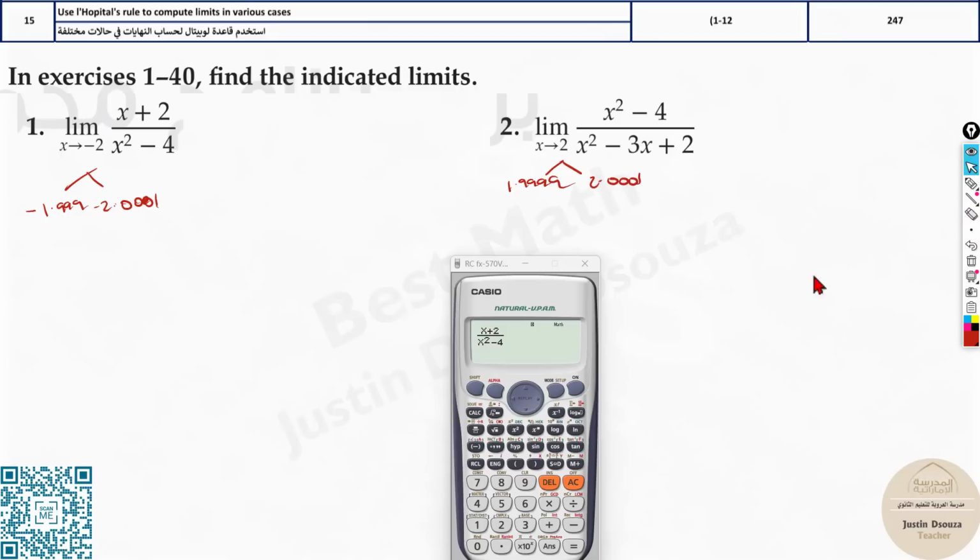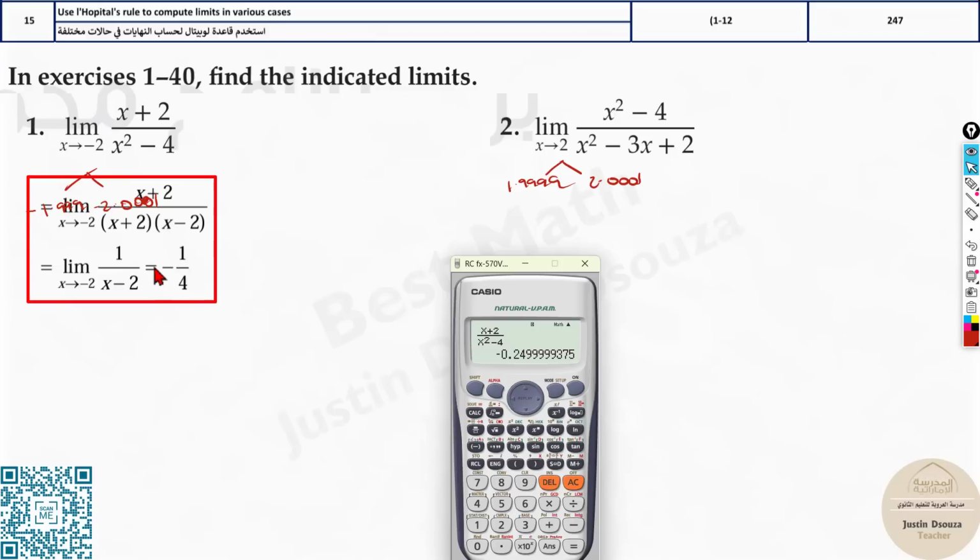All you do here in the calculator is calc and then type the first value, whichever you can take, negative 1.999, and the answer is negative 0.25. It's negative 1/4. That's the quarter. And let me check the right side as well. Minus 2.0001. Is it the same? Yes, it's negative 0.25. It's negative quarter.